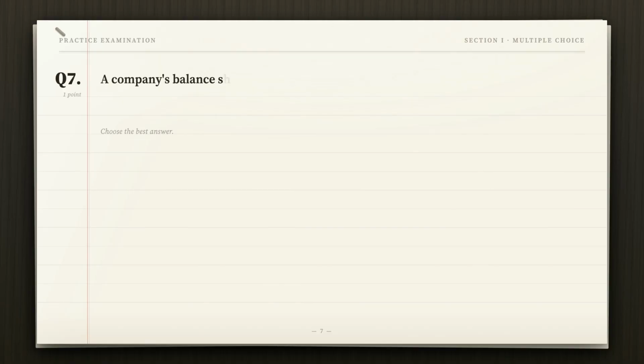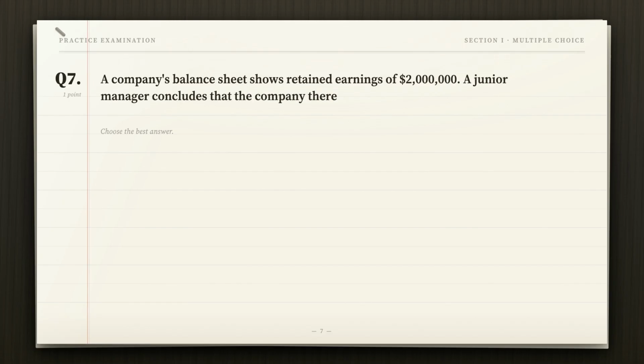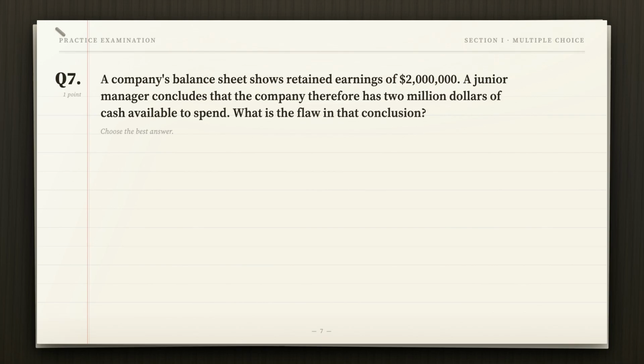Question 7. A company's balance sheet shows retained earnings of $2 million. A junior manager concludes that the company therefore has $2 million of cash available to spend. What is the flaw in that conclusion? Your options are: A. Retained earnings is cumulative reinvested profit, not a pool of cash the company is holding.